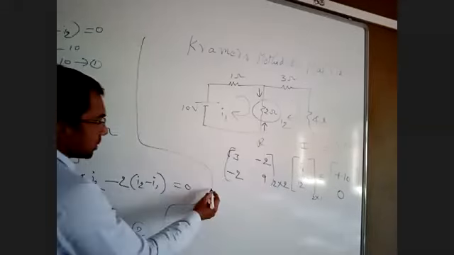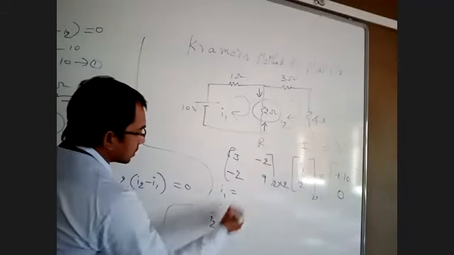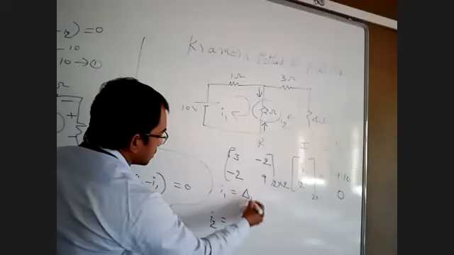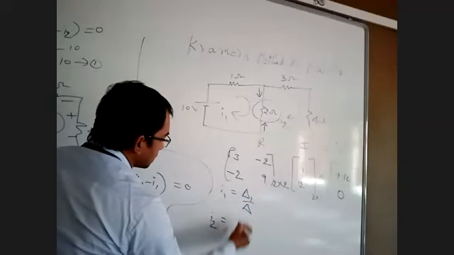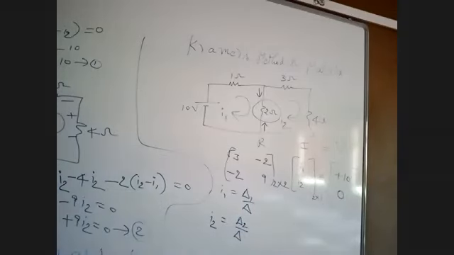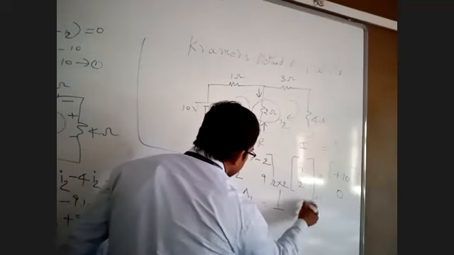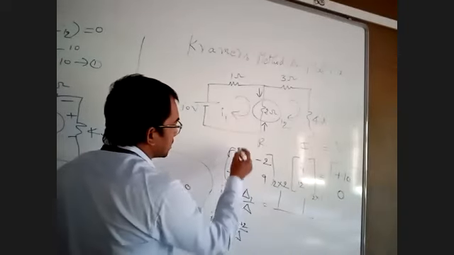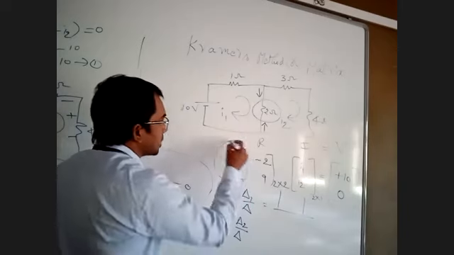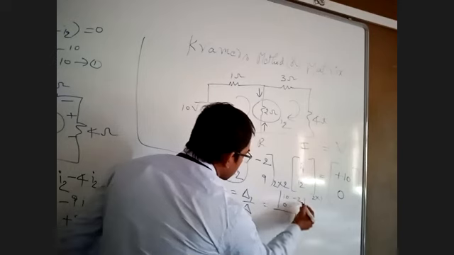Now I will determine I1 and I2. I1 is equal to delta 1 by delta. I2 is equal to delta 2 by delta. What is delta 1? Delta 1 means replace the first column with voltage values.